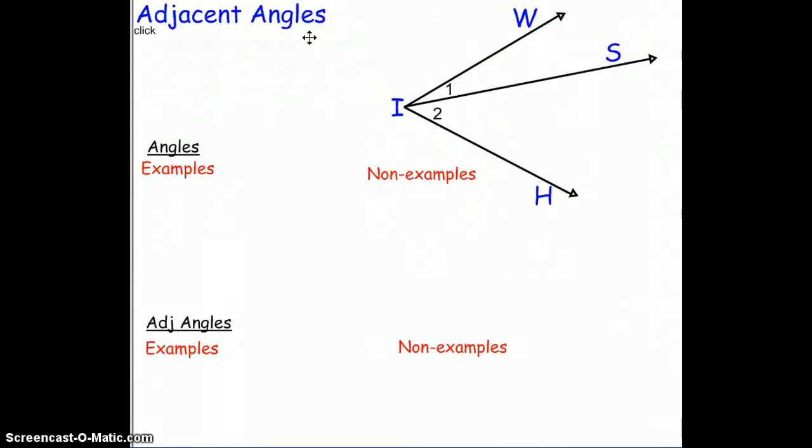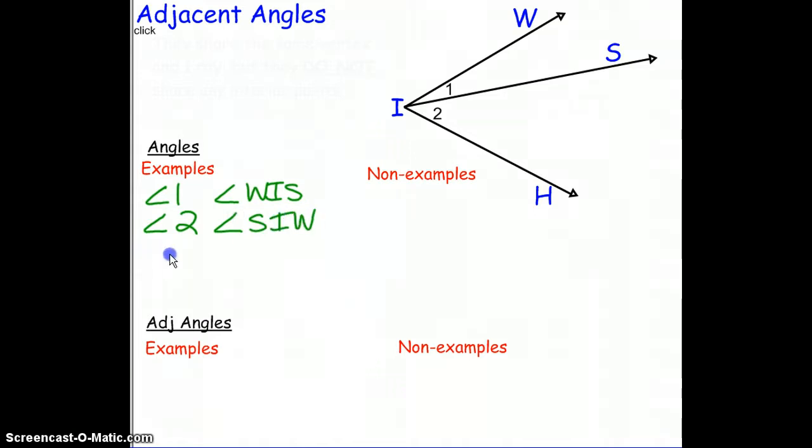Let's take a look at adjacent angles. And before we define what adjacent angles are, let's identify some angles. So we have angle 1 and angle 2. We could also call angle 1 angle WIS, or we could call it angle SIW.